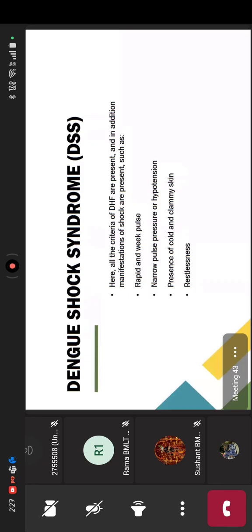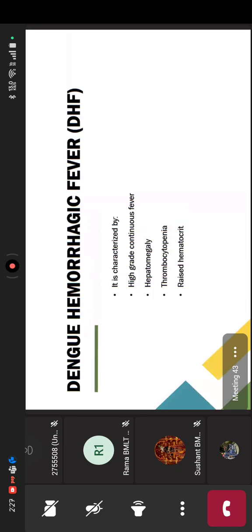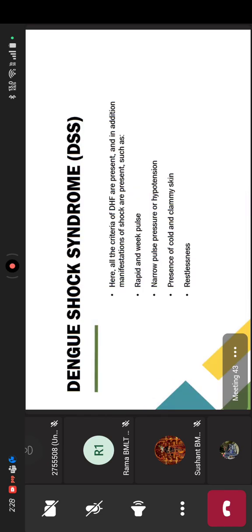All the characteristics present in hemorrhagic fever, that is hepatomegaly, thrombocytopenia, and all other things, along with rapid and weak pulse, narrow pulse pressure, hypotension, cold and clammy skin, and restlessness. So these are the conditions present in the third stage of dengue, which is a severe form of dengue, known as dengue shock syndrome, right?